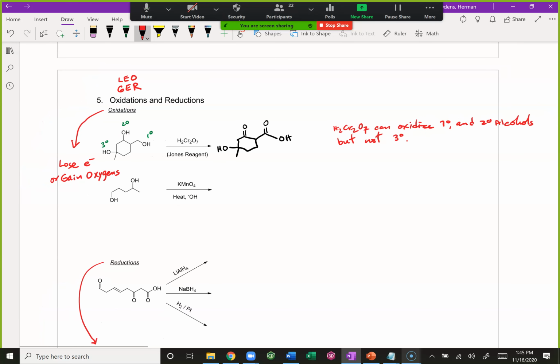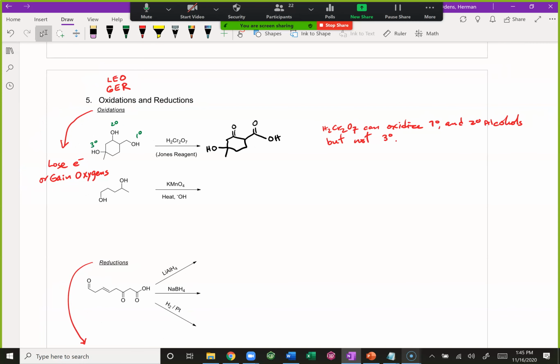All right, let's do the next one. Got 5 minutes. Potassium permanganate. I have a primary alcohol here and a secondary right here. What will I get? So count your carbons. You have 1, 2, 3, 4, 5 carbons. The secondary gets converted into a ketone, just like this one was converted into a ketone.